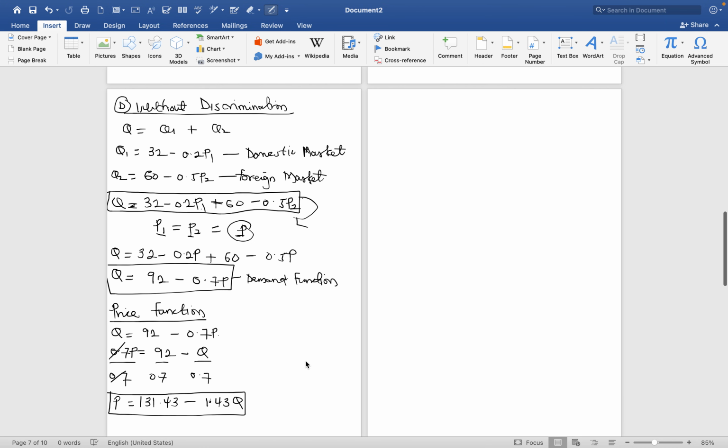So we can now find our total revenue. Total revenue is price times quantity.